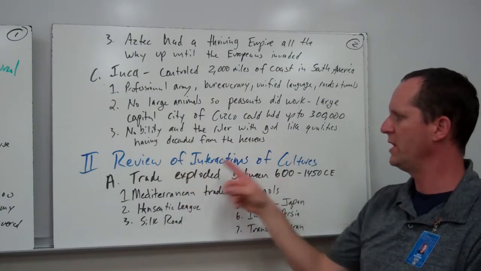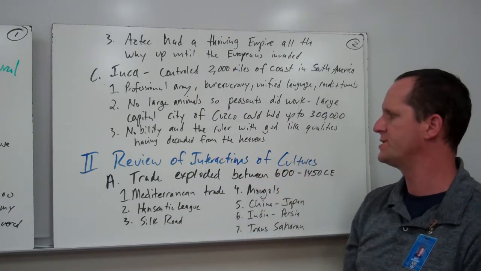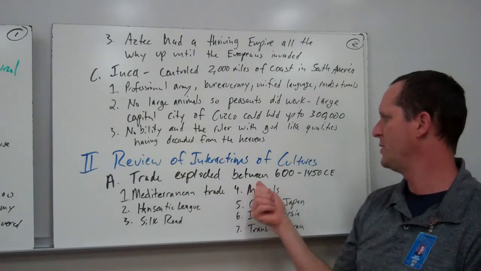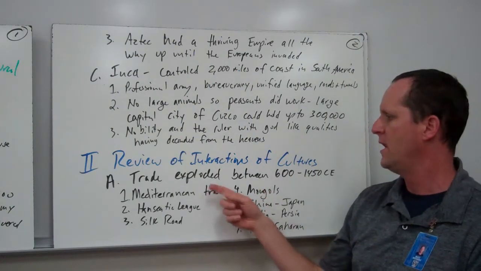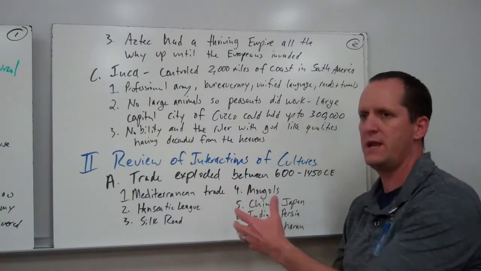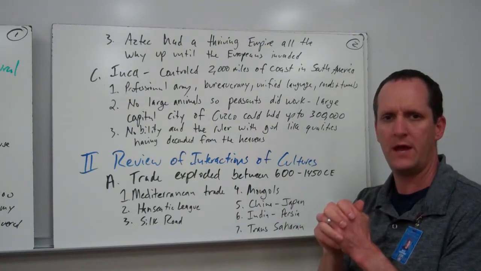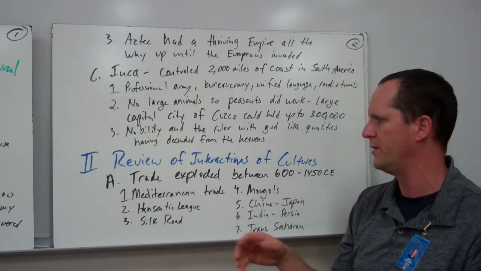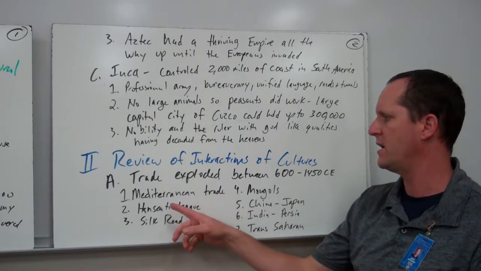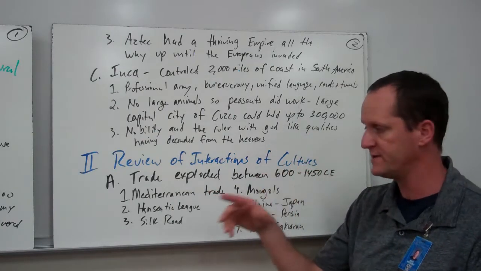Now let's just review a little bit of the interactions of cultures. So trade exploded between 600 and 1400 CE. These are some of the big trade networks that really started to hook up and share ideas and culture with other peoples around the world. So you had the Mediterranean trade around the Mediterranean Sea, obviously.